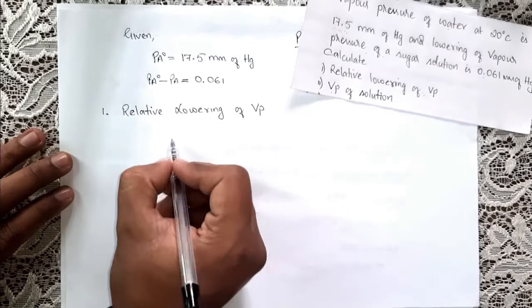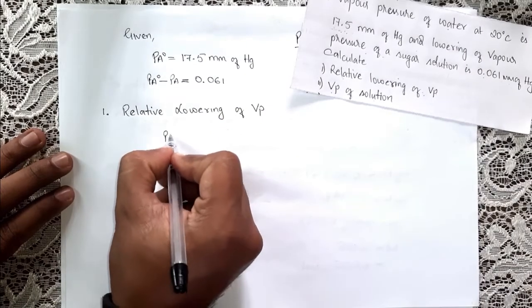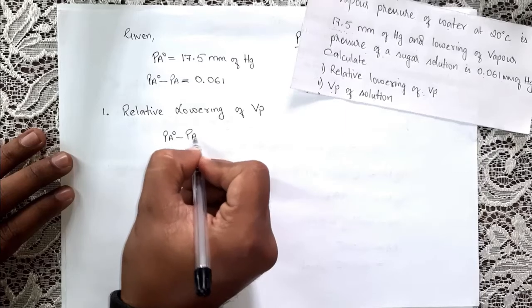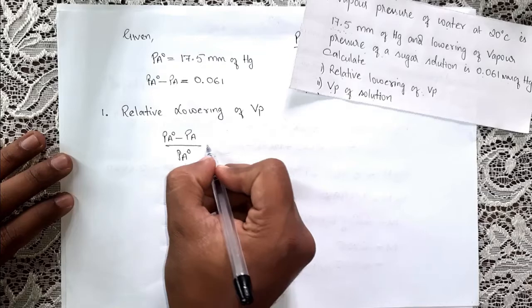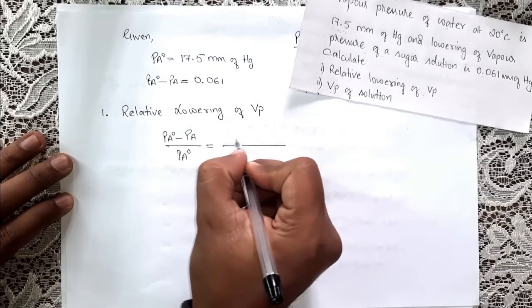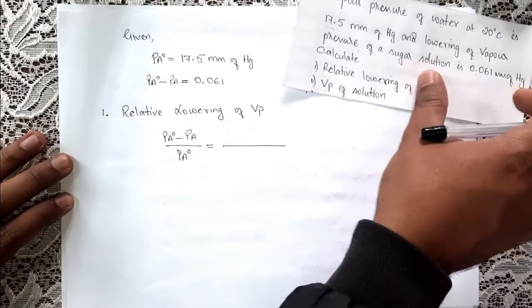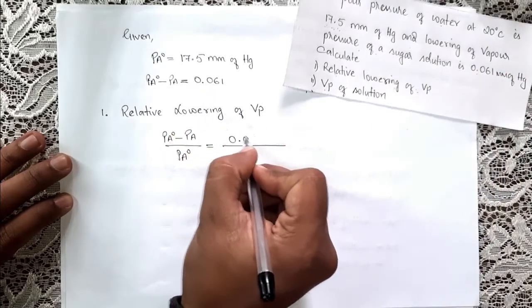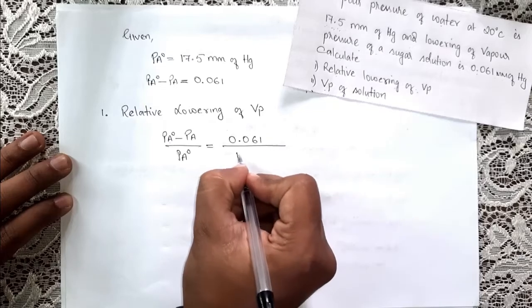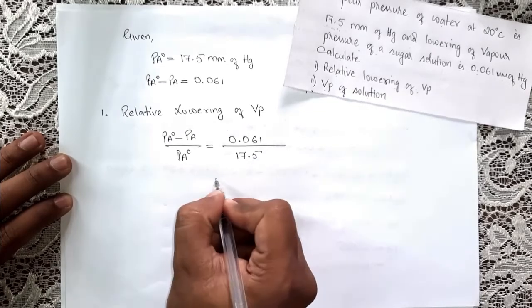So relative lowering of vapor pressure is Pa naught minus Pa divided by Pa naught. If I just put the values, I will have Pa naught minus Pa is 0.061 divided by 17.5.